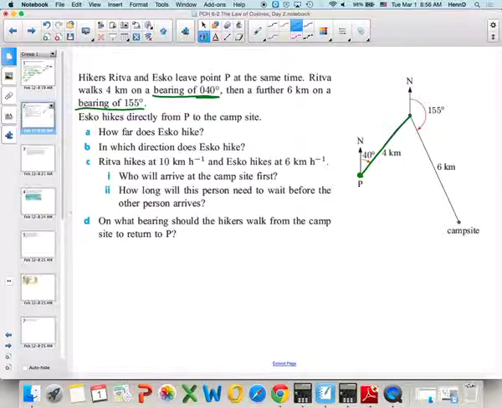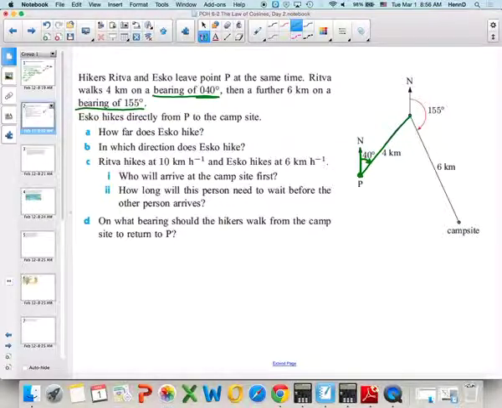Anytime they just say 40 degrees, they're measuring like you would see on a compass. If you've ever looked at a compass, due north is 0, and then it rotates clockwise 360 degrees. So a bearing of 40 degrees is from due north 40 degrees clockwise.